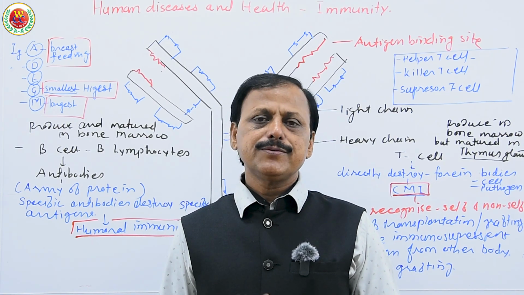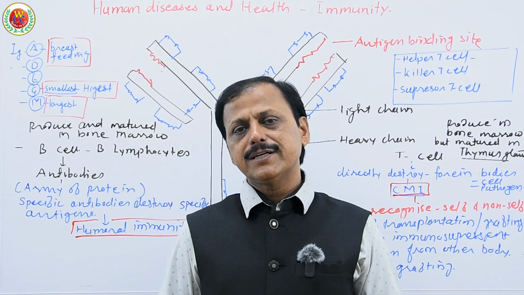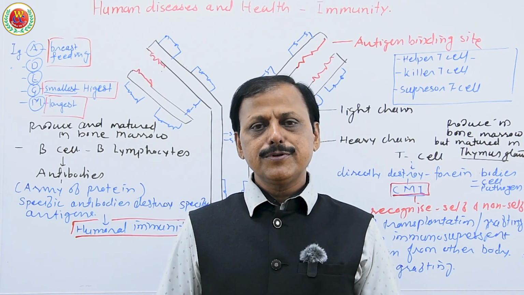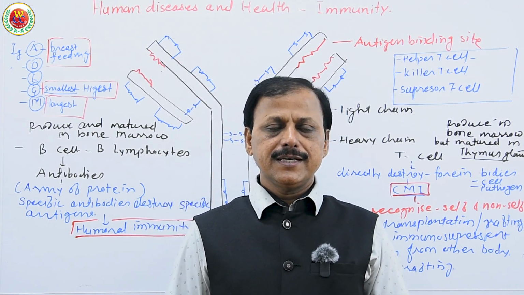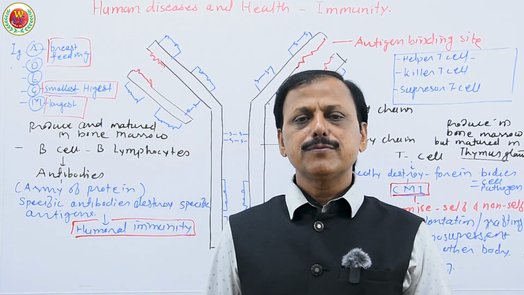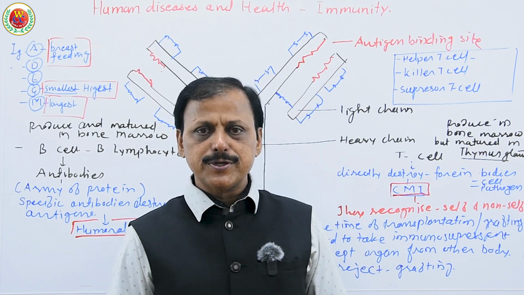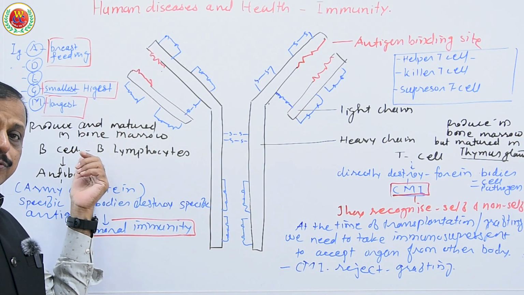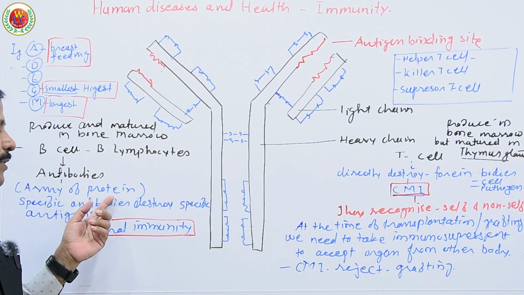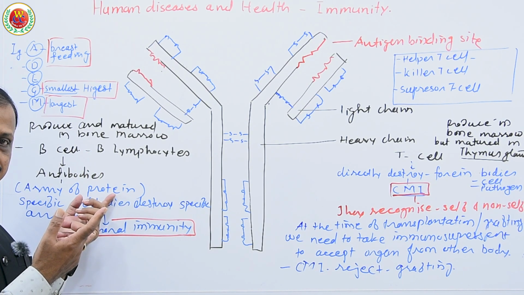And lastly, we learn acquired immunity, which is specific immunity, where we have 2 types of cells, B cells and T cells. B cells are produced and mature in bone marrow, producing antibodies to fight against a specific antigen. Antibodies are the army of protein against that antigen.